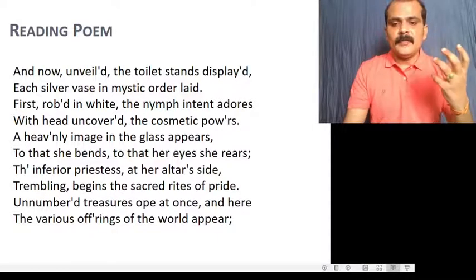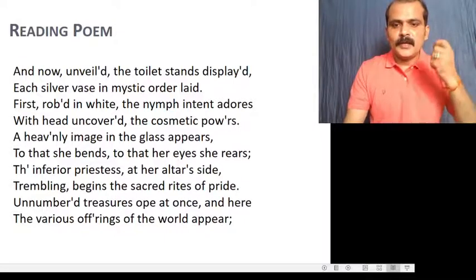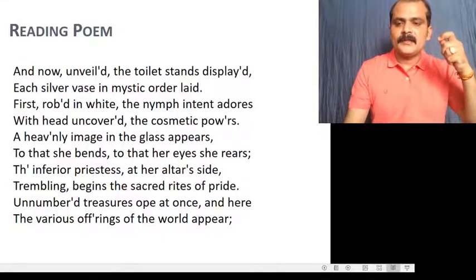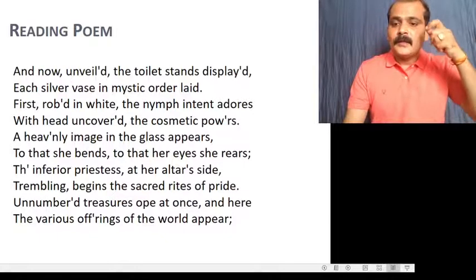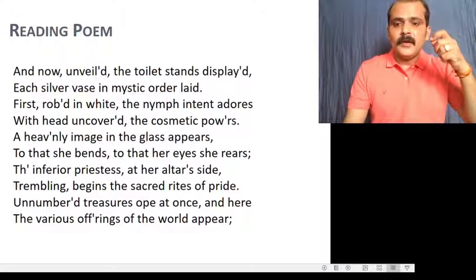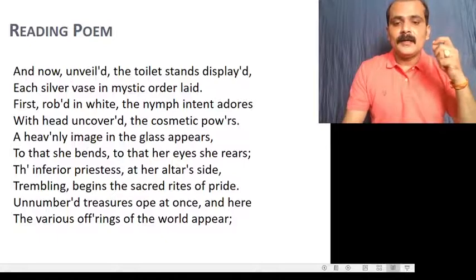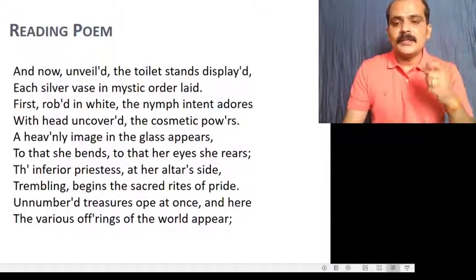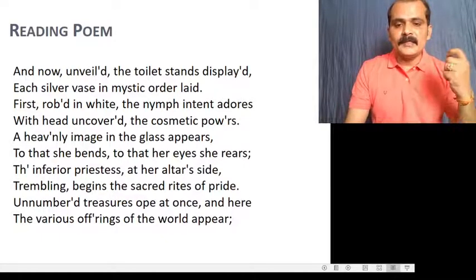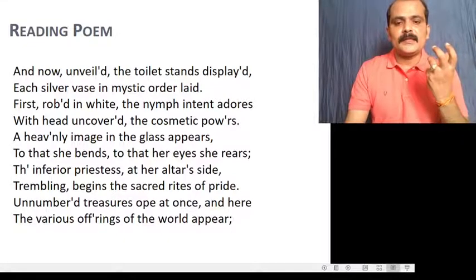A heavenly image in the glass appears, to that she bends, to that her eyes she rears. Then the inferior priestess, at her altar's side, trembling, begins the sacred rites of pride.